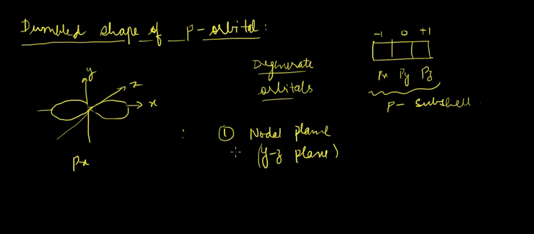And it implies that it would be ungerade, as for even number of nodal planes we have gerade, and for odd number it's called ungerade. So this is called ungerade.